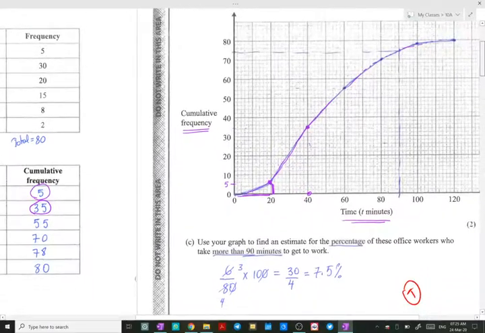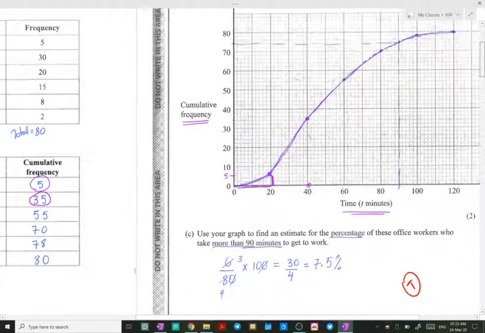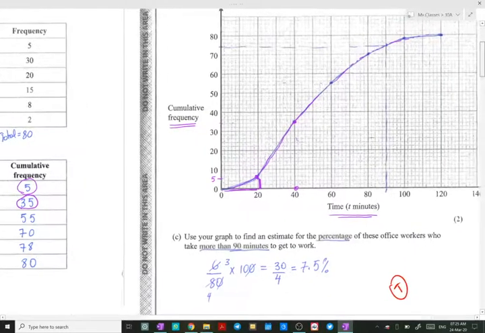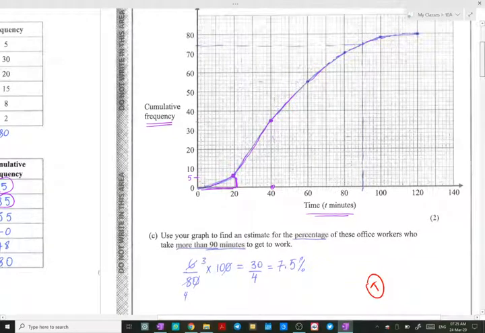Part C, use your graph to find an estimate for the percentage of these office workers who take more than 90 minutes to get to work. So we start by pinpointing where the 90 minutes is. So between 80 and 100, halfway is where 90 is situated.